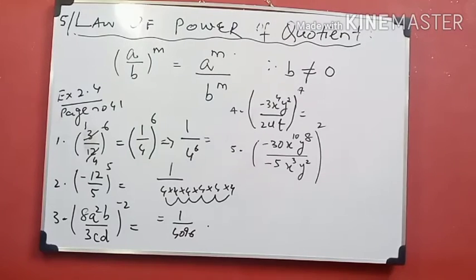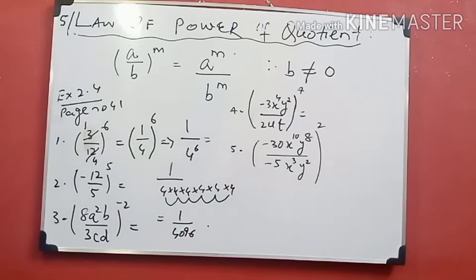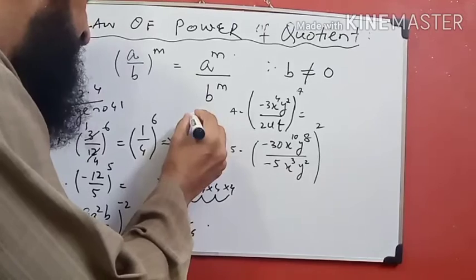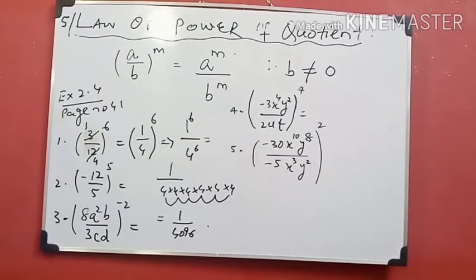This is question number 1. First we look at the question, and the numbers in the question are 3 and 12. Both are multiples of 3. Therefore we cancel and simplify the numbers. It comes as 1 upon 4 raised to power 6. 1 with any power is always equal to 1. Therefore we write 1 raised to power 6 and 4 raised to power 6.